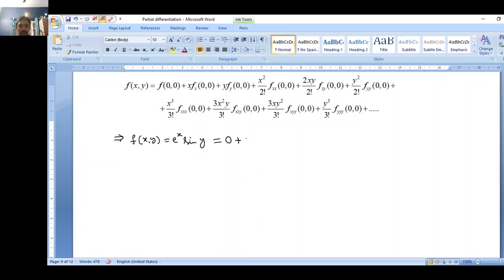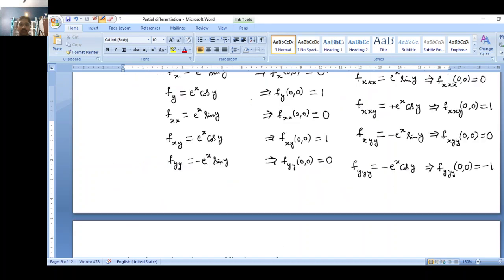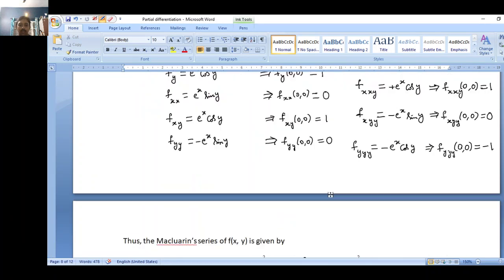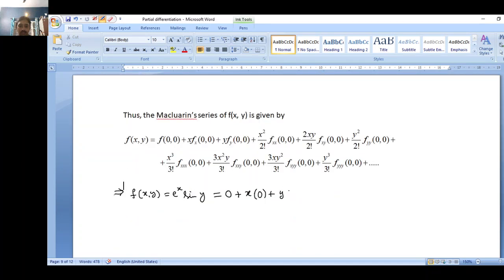It would be x into fx of 0 comma 0, which is again a 0, and then y into fy of 0 comma 0. Fy of 0 comma 0 is going to be 1, so I'm going to take it as 1. As I said, if you find out those derivatives properly, the rest is pretty easy.